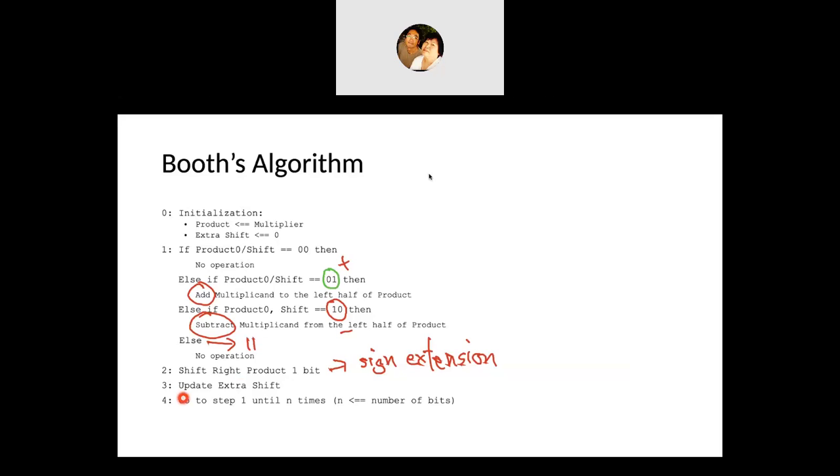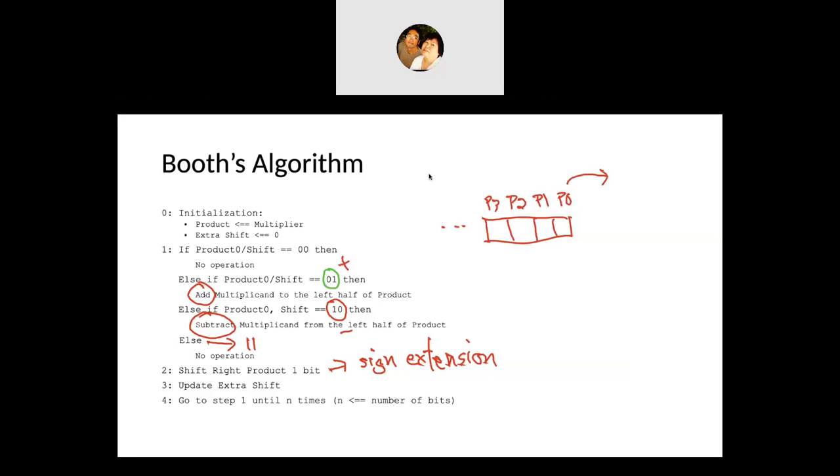But look at this step 3 here. Because we use the shift right in the product, most of the time when we shift right, let's say if we have 4 bits, like this one is P0, P1, P2, P3, and so on. If you have more bits, when we shift right, P0 will be discarded, right?